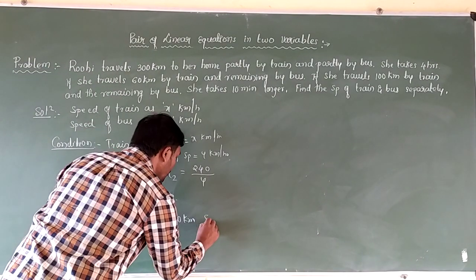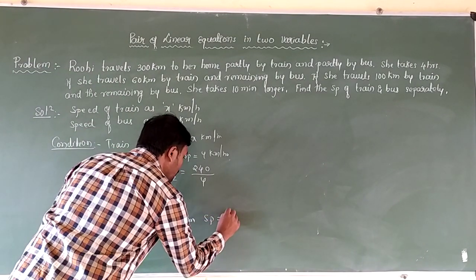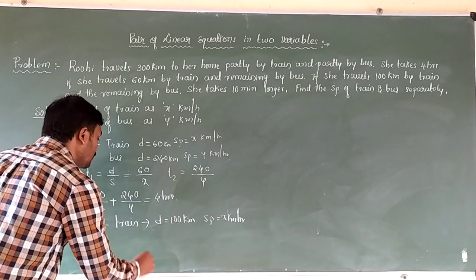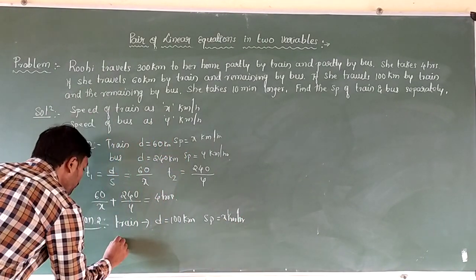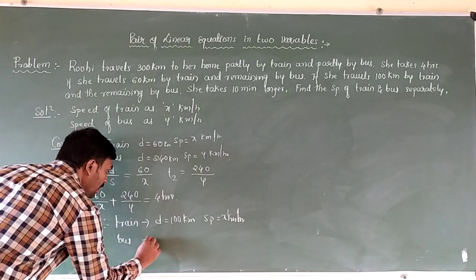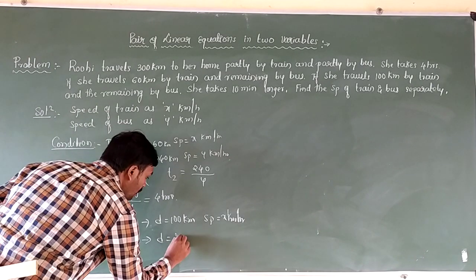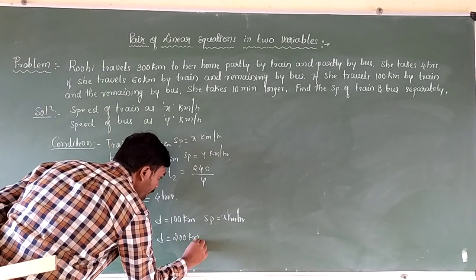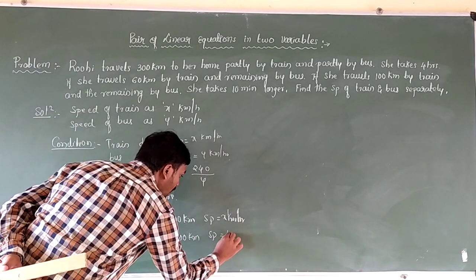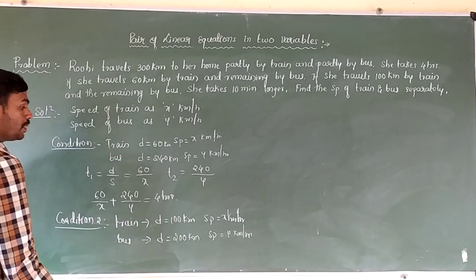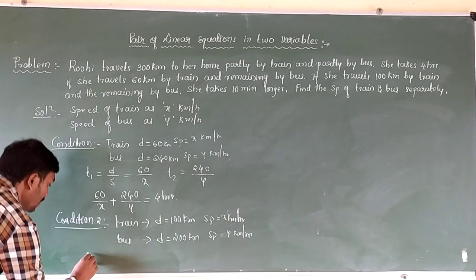Again the speed is x kilometer per hour. And remaining by bus, remaining distance means 300 minus 100, which is 200 kilometers. Then the speed is y kilometer per hour.